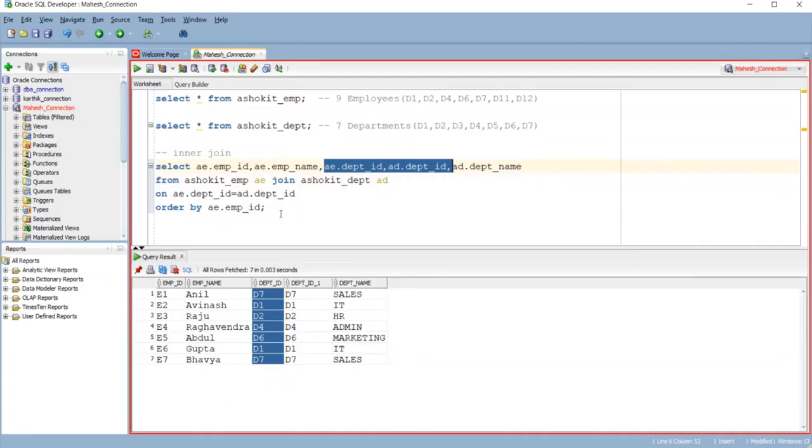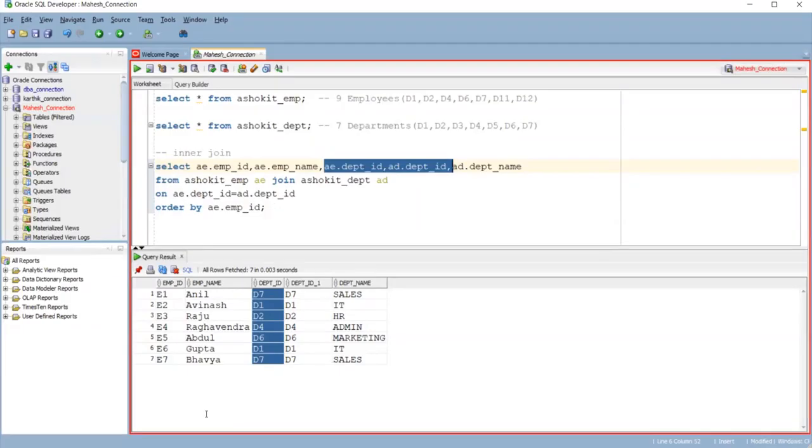Everyone is clear with the inner join, sir? Everyone is clear, sir, with respect to the inner join?